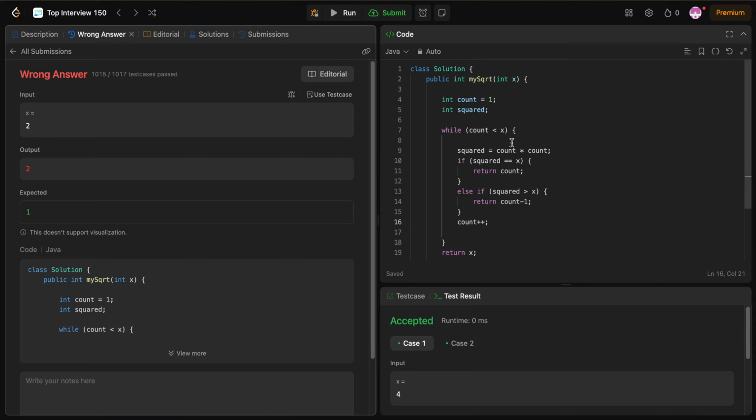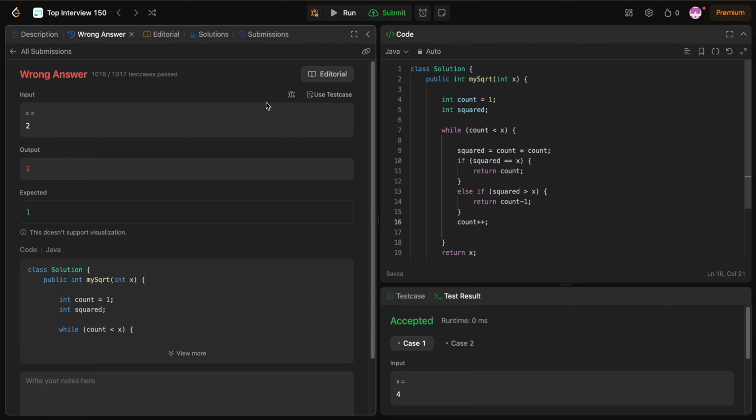While count is smaller than x, squared equals count times count. 2, 4. I'm just trying to think. Why did it not work for this case?